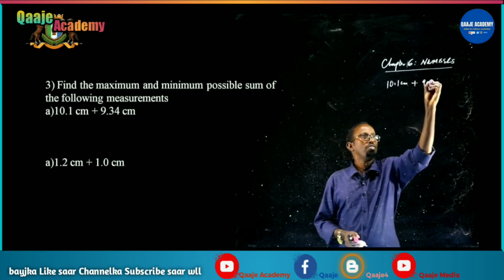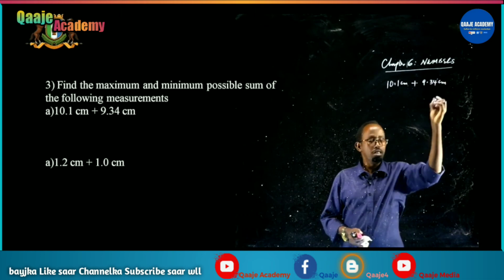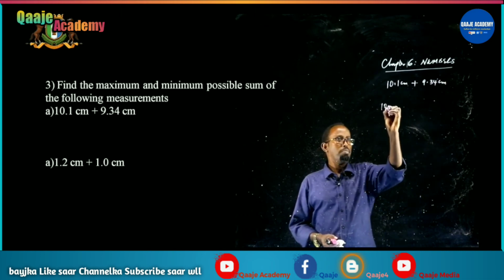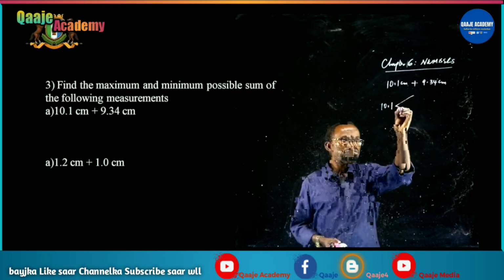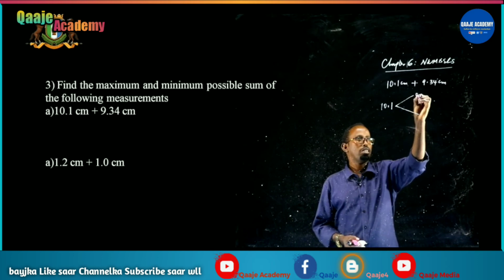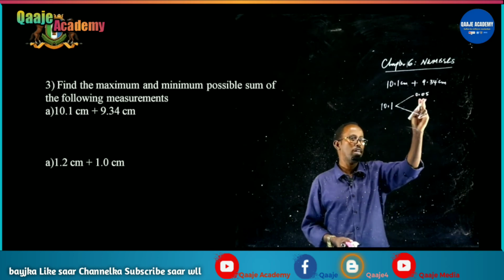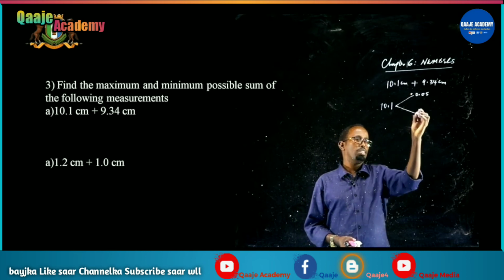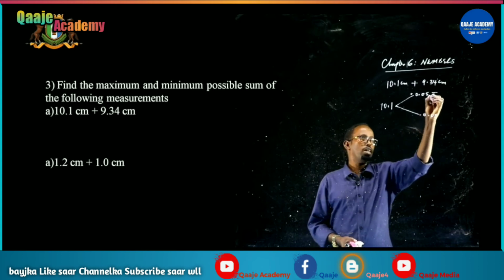So the first one, 10.1, the error will be plus 0.05, since this one contains one decimal, and this one is minus 0.05. So this will be 10.15, and this is 10.05.